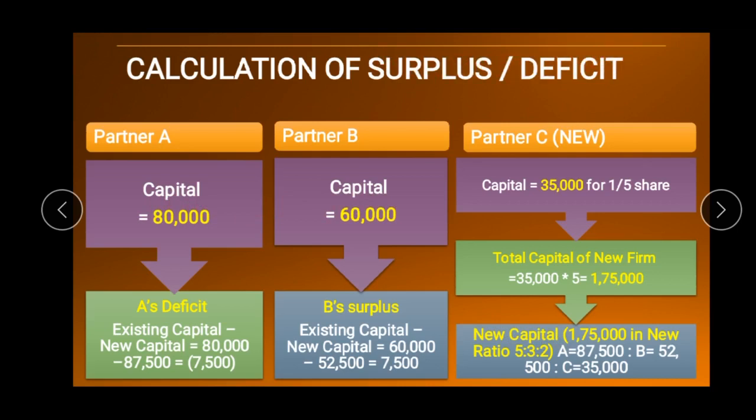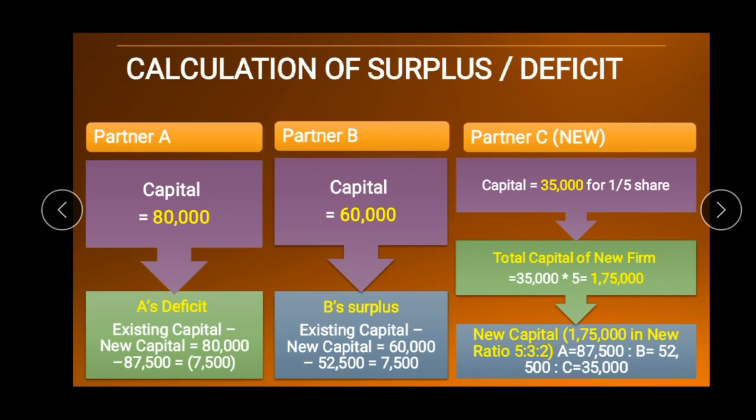In case of A, his existing capital is 80,000 and new capital we have calculated 87,500. So the difference is 7,500. It is deficit. Why it is deficit? Because his existing capital is less. He has to bring in more capital now. So that is why it is his deficit.